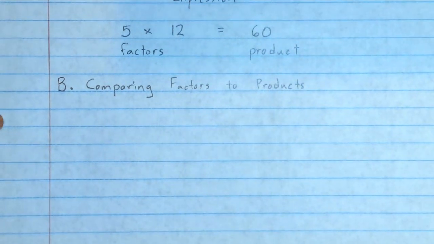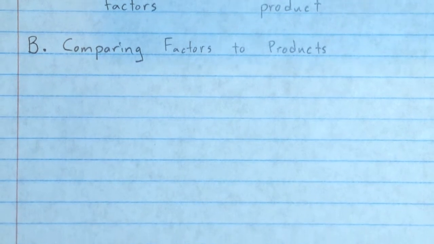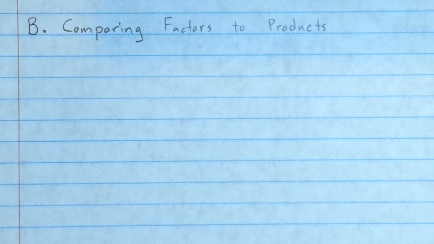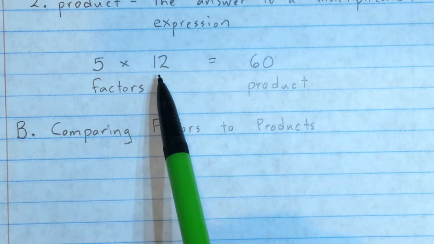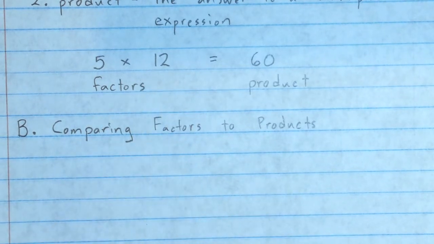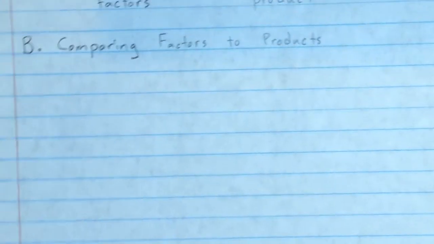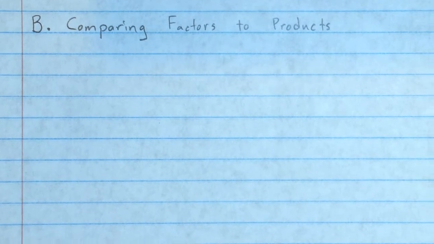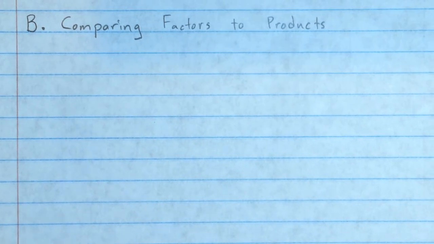This is one of those ways where, again, we can test to see if our work is reasonable. Comparing factors to products means there are certain tricks you can use to look at the numbers you start with and get a general idea what your answer should look like. It's a little like rounding and estimating, not exactly, but it's kind of connected to that.